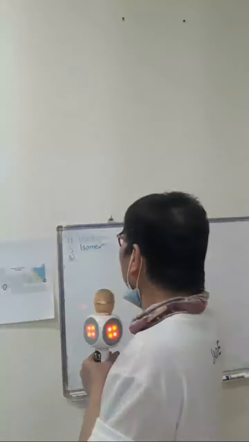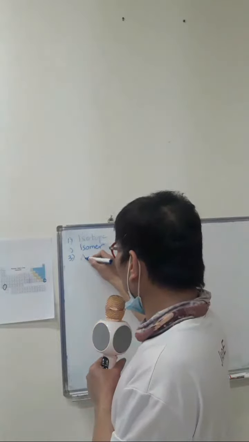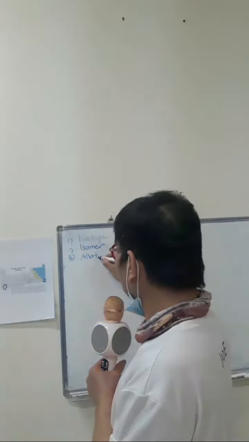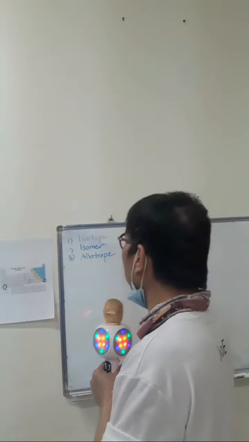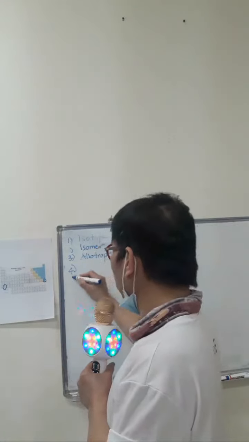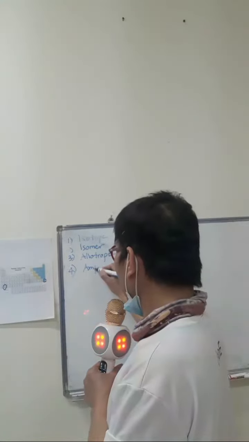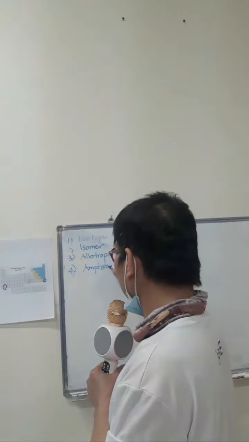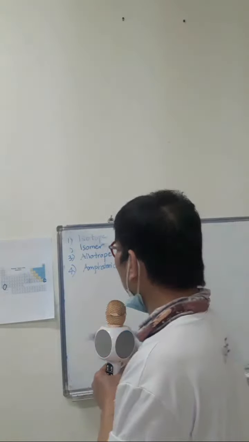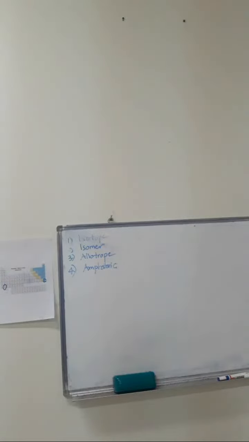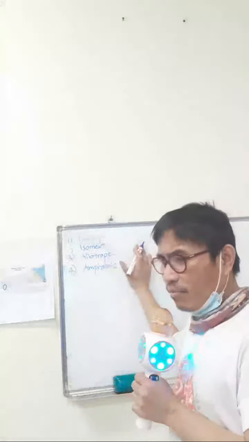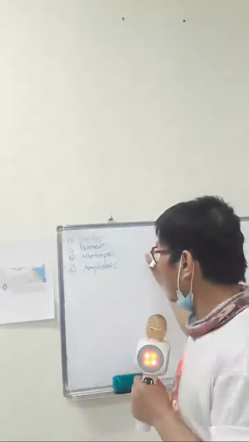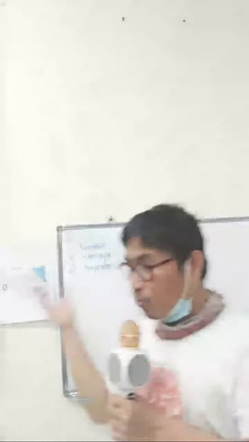We have also the allotrope. And then we have also the amphoteric. There's a lot actually, but we need to do these four only at this moment in time. These are all that come out of my brain cells for now.